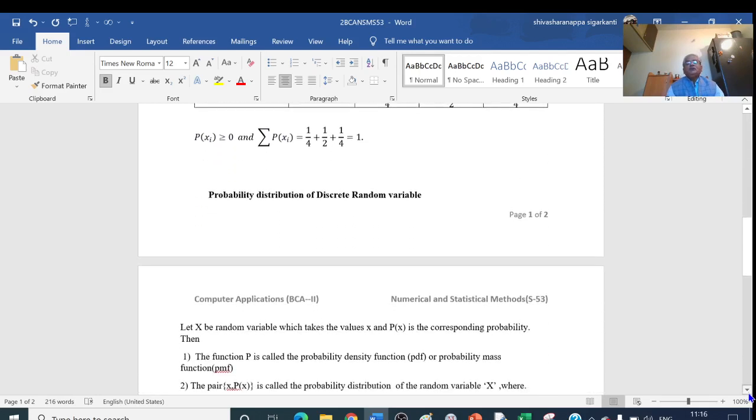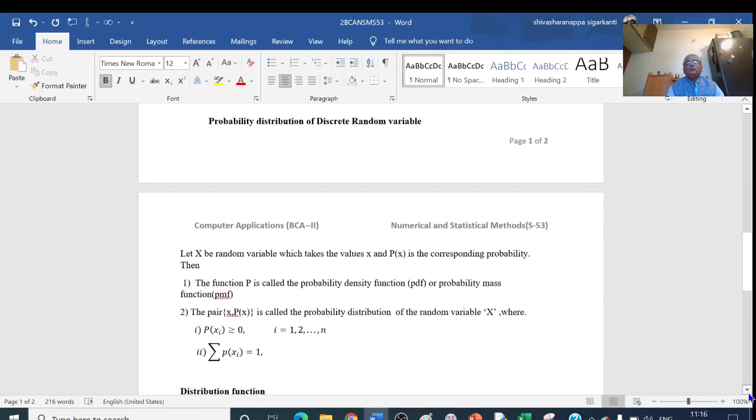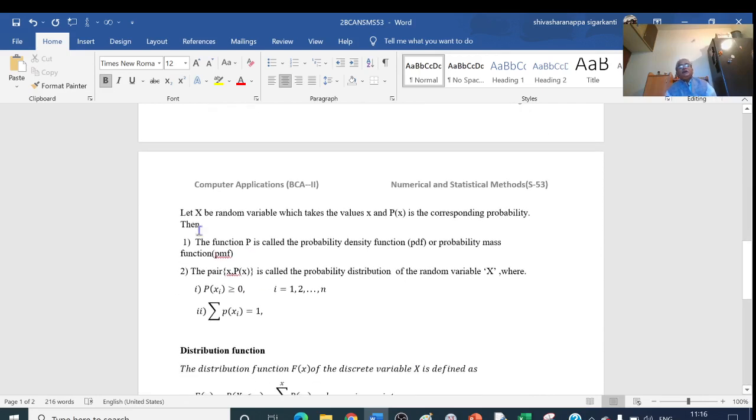Probability distribution of a discrete random variable. Let x be a random variable which takes the values x equal to 1, 2, 3, 4 like this, and p of x is the corresponding probability. Then the function p is called the probability density function, that's PDF, or probability mass function.